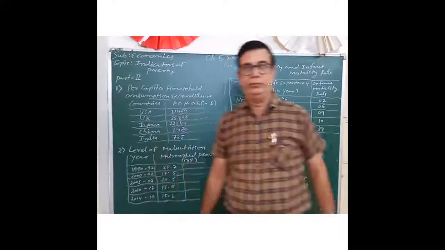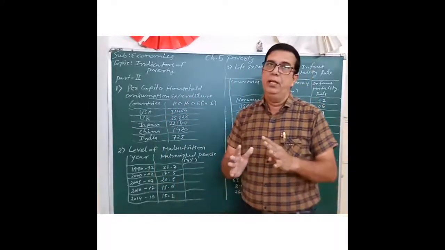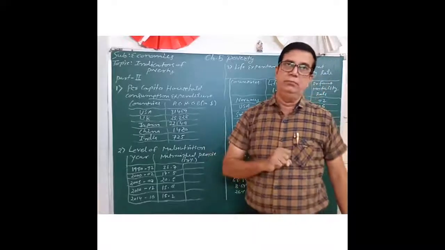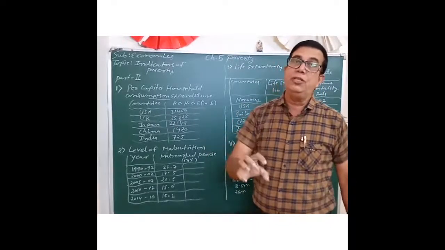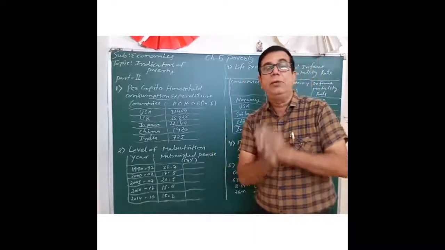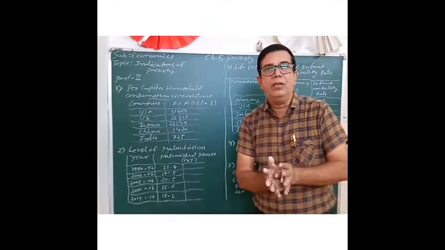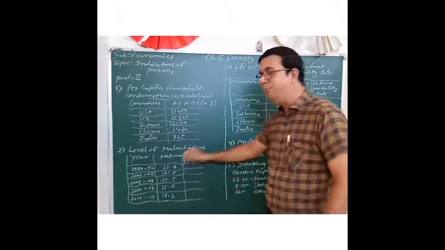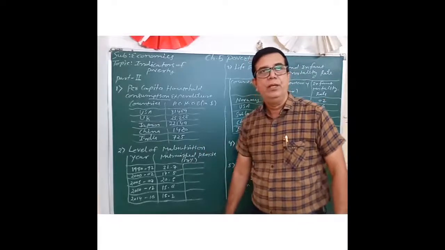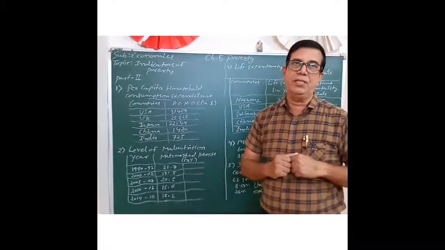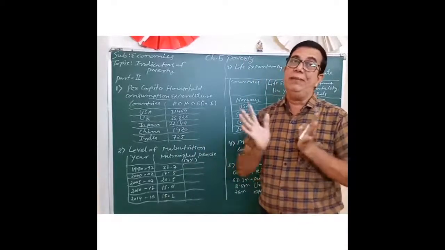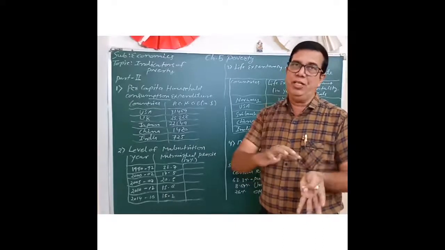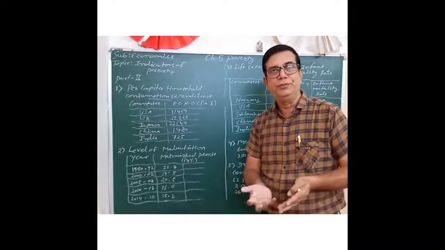Now in India, we see because of less income, they can't get proper meal, and because of that they become the victim of malnutrition. There are so many health problems because you can't maintain quantity as well as quality of food.